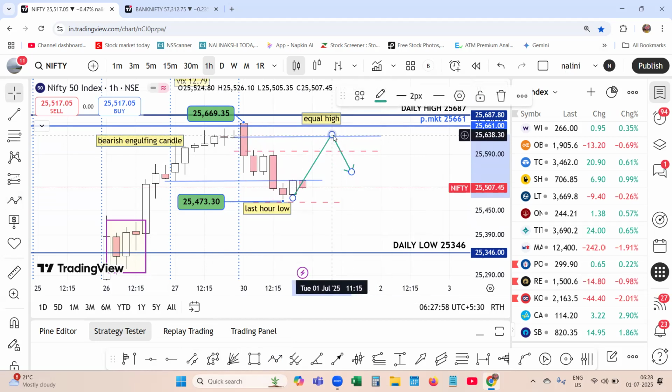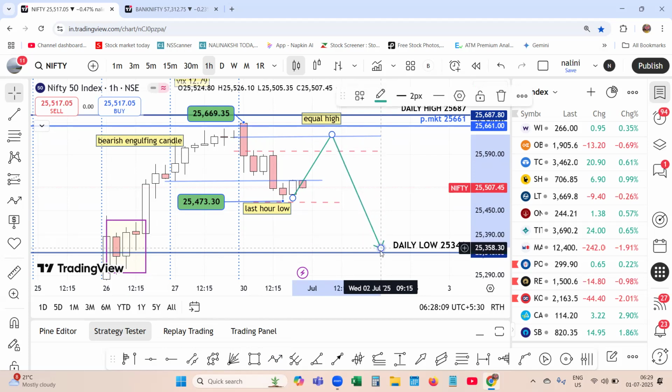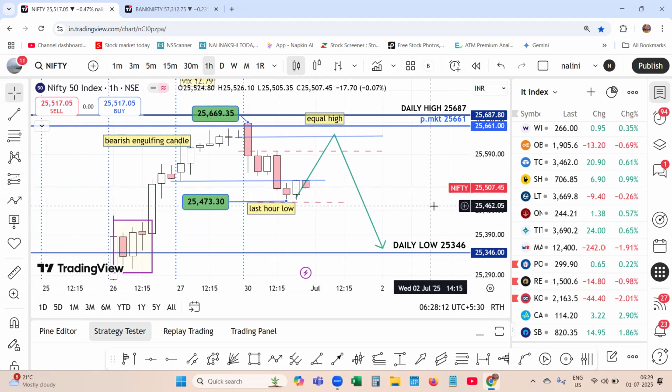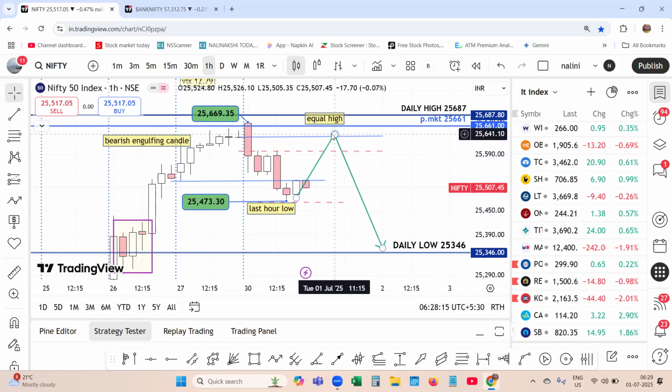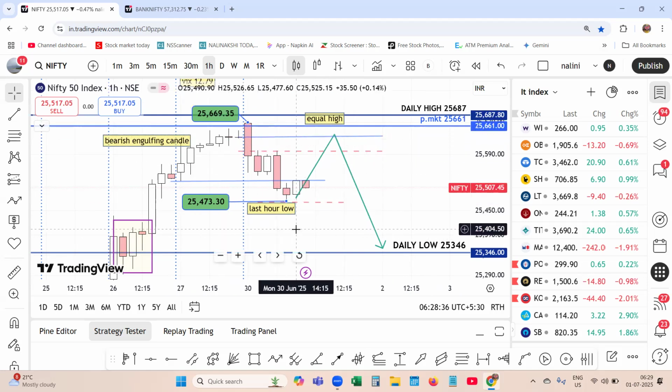Suppose if it takes liquidity over here and starts trading below yesterday's low, then it can test this level of 25,346. Pattern may be like that. In case it doesn't seek this liquidity, and wants to seek the liquidity later, it can directly come down and move to this lower level and then it can move up. So this may be the pattern for this, and it is a bearish engulfing.